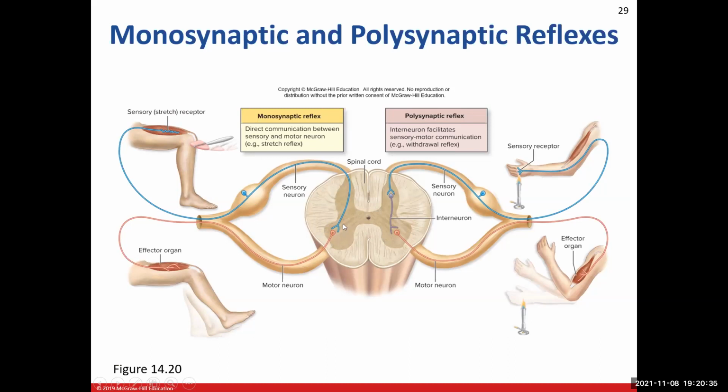You should know this by now. You just had a test on it. Our action potential has to get converted into a chemical signal. We have to release the neurotransmitter. That takes time. Right. So if it only happens once, good, that's faster. In our polysynaptic reflexes, we're going to see an interneuron involved here, and that interneuron will play a role in how that reflex is facilitated.